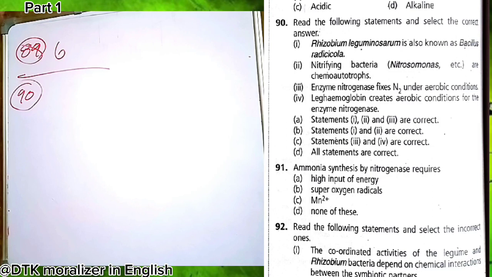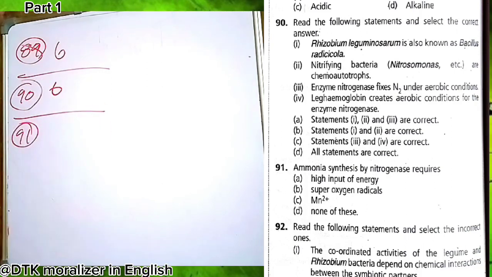Here, by observing these options, the statements: enzyme nitrogenase fixes nitrogen under aerobic condition? No, anaerobic. Oxygen is not there. Leghemoglobin creates aerobic conditions? No, anaerobic conditions.